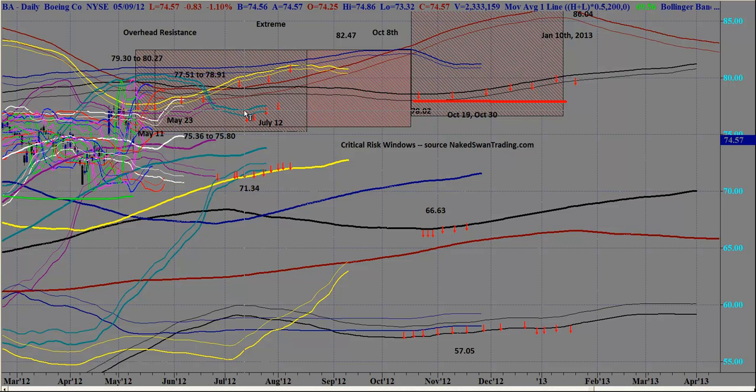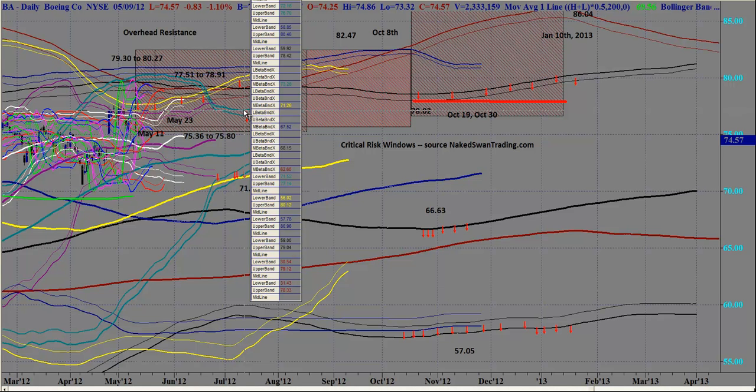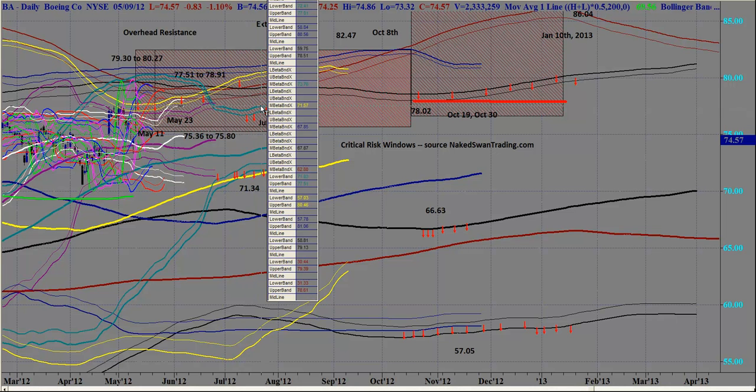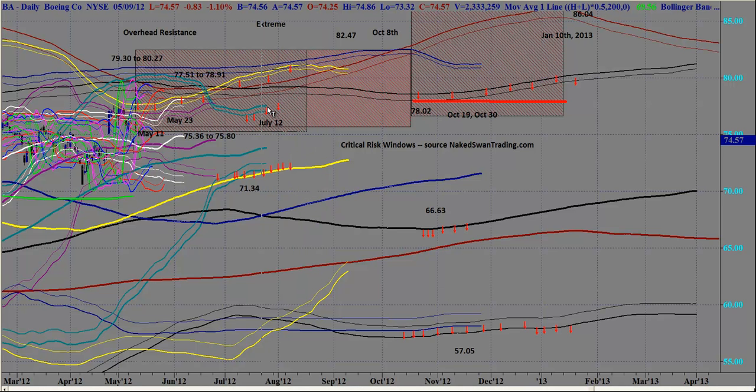Well, it's likely to find an intense amount of resistance starting around July the 12th at 76.71 to around 77.52, and then it's got extreme longer-term resistance bounding it at about 79.03. So it's a very, very tight window there.